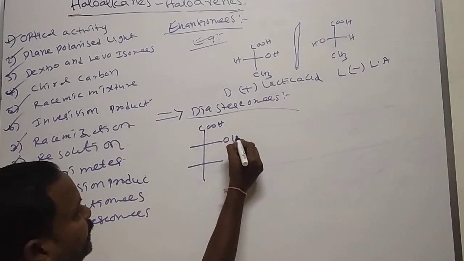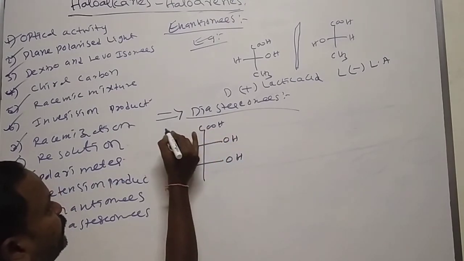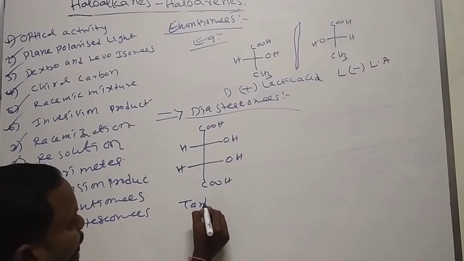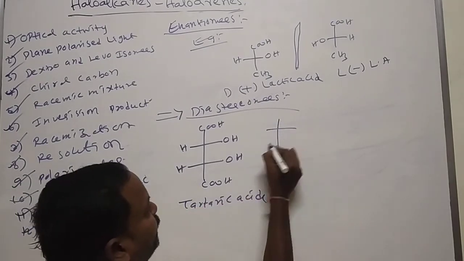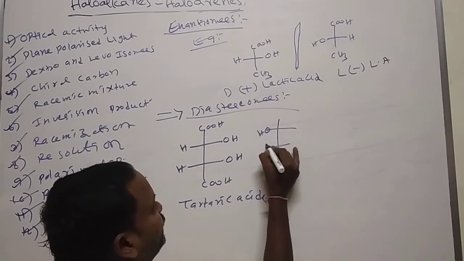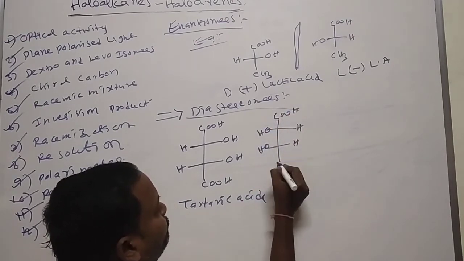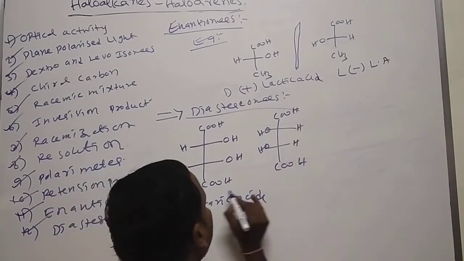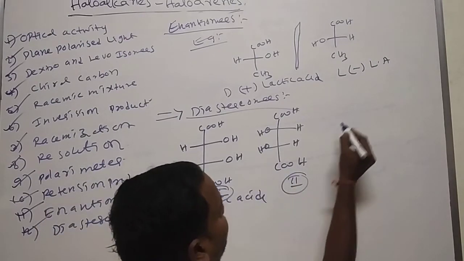Suppose for example, here I am writing one example. This is tartaric acid. Here I am writing 4 tartaric acid structures with different configurations. This is also tartaric acid. This is the first structure, this is the second structure.